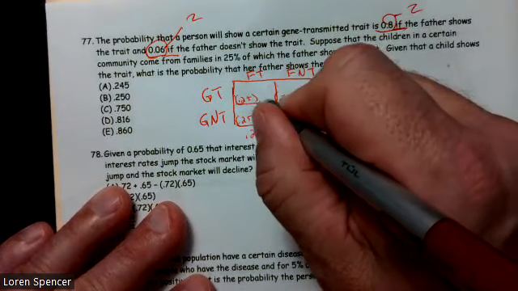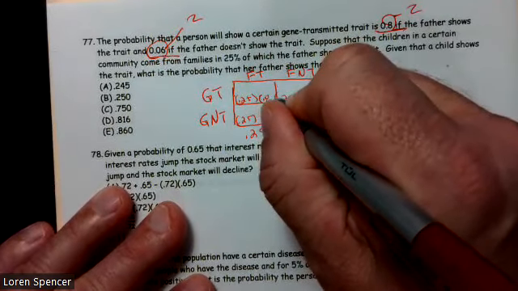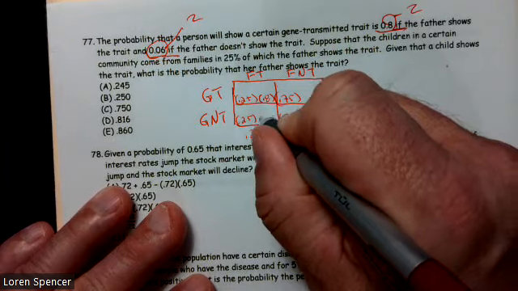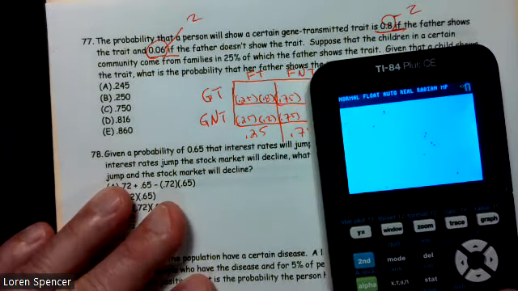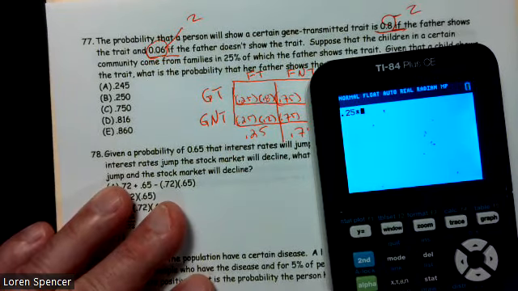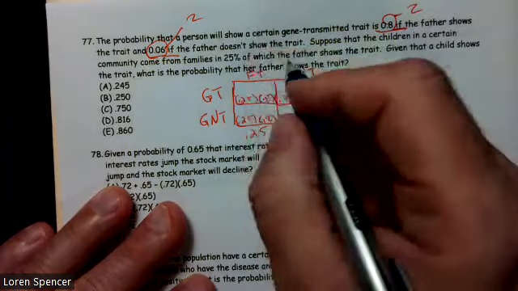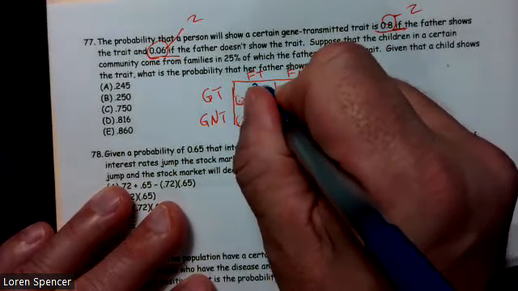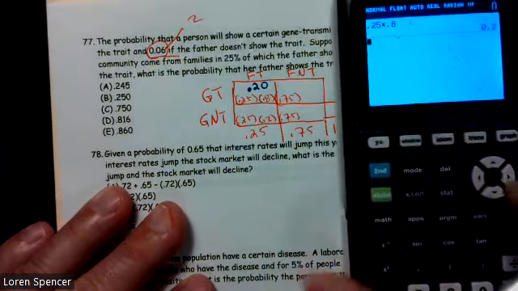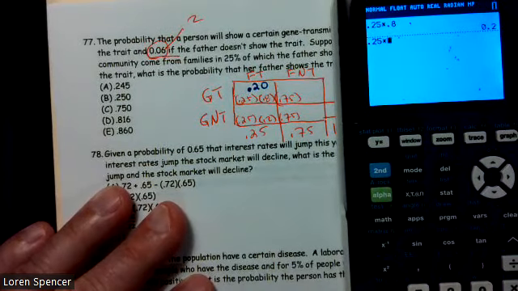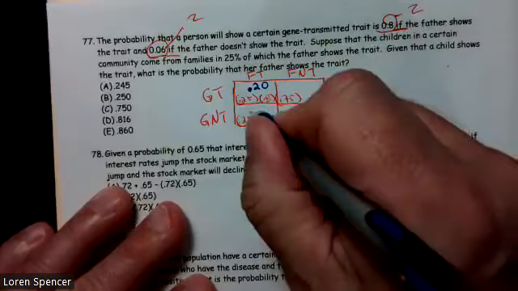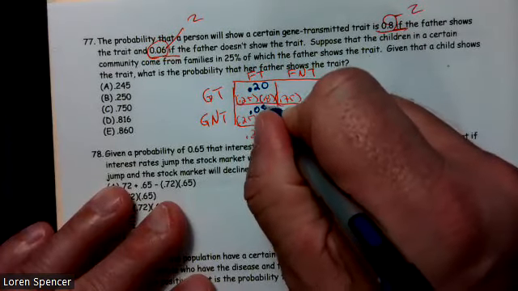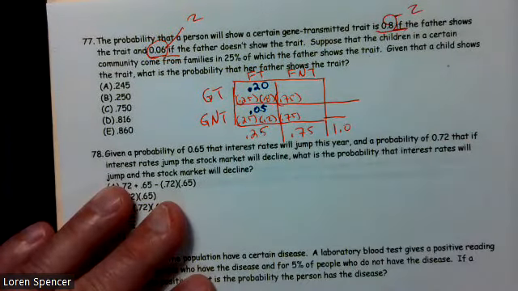Father shows the trait, gene transmitted. This is 0.8. 1 minus 0.8 is 0.2. Let's multiply that out. 0.25 times 0.8 is 0.2. And then 0.25 times 0.2 should be 0.05, and it is, because these need to add up. This plus this needs to equal this.